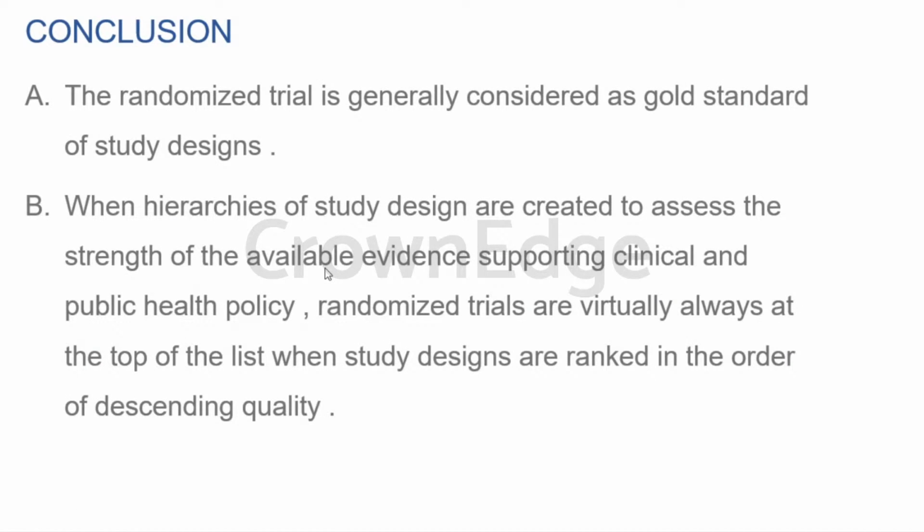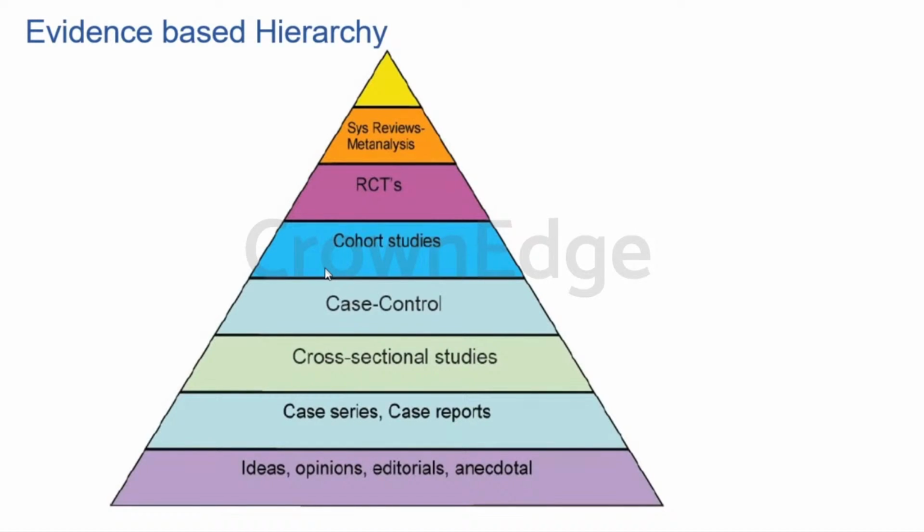Randomized control trial is considered the gold standard of study designs. There is a hierarchical pyramid of different study designs, and randomized control trial is almost at the top, at the second position. This is the evidence based hierarchy, the pyramid I was talking about.